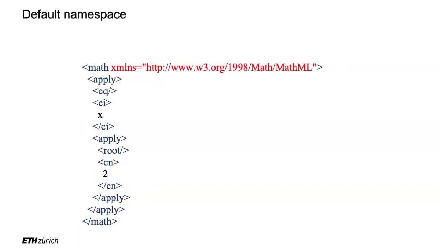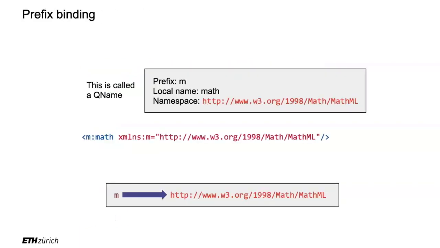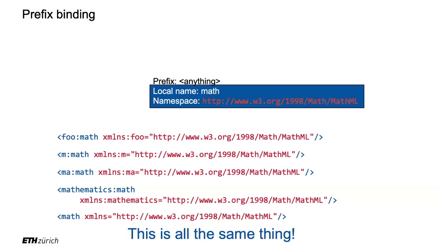So these are the same document, in fact, because it doesn't matter. Okay, so what happens is that you map this m to the namespace, to the family name, and whenever you see m:math, then you know that m actually means the namespace. Okay, the prefix doesn't matter. All of these are exactly the same thing because the prefix is only a shortcut for convenience. What really matters is the namespace, right?